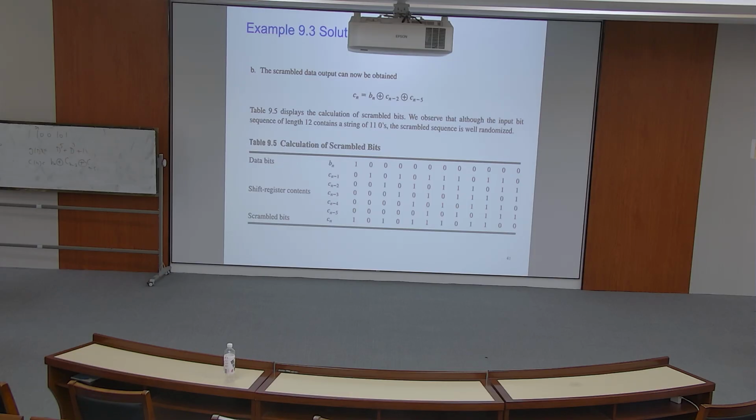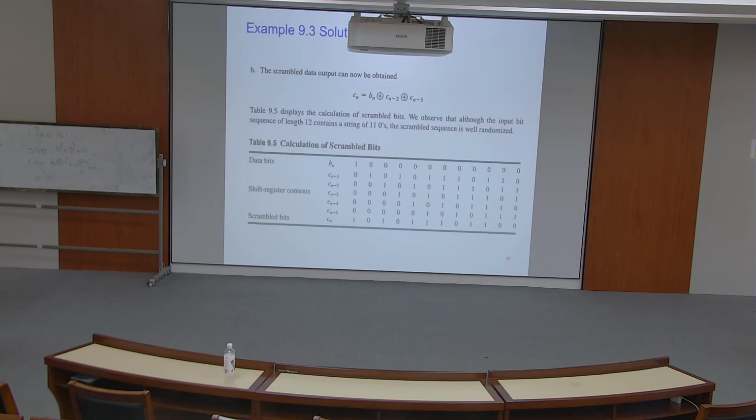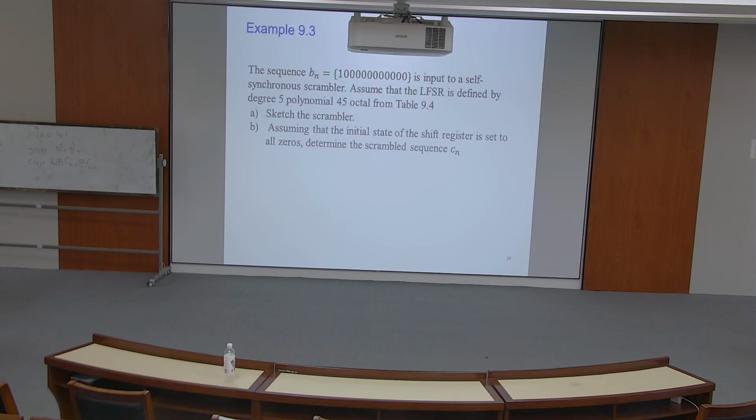So T of n, you can get when you put n equal to, let's say, 0. We know what B0 is. B0 is 1 here. Similarly, B1 is 0, B2 is 0, B3 is also 0, and so on, right?